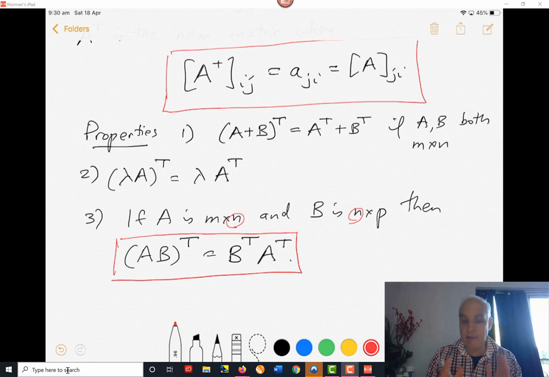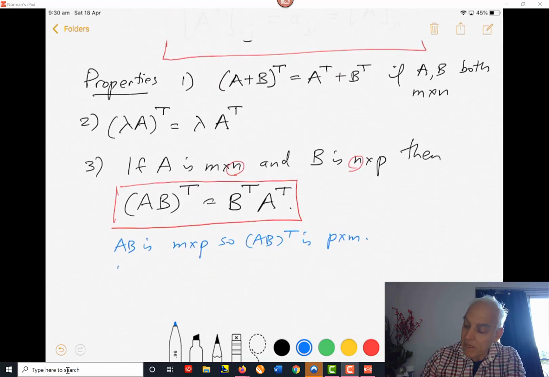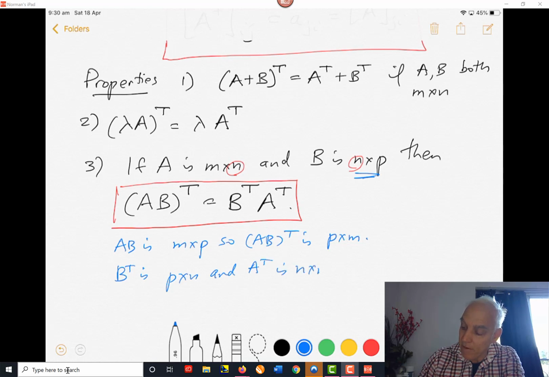And that makes sense at the level of sizes, because if we look at the sizes of things, AB is going to be an m by p. So (AB) transpose is p by m. And on the right-hand side, B transpose is p by n, just reversing these, and A transpose is n by m.